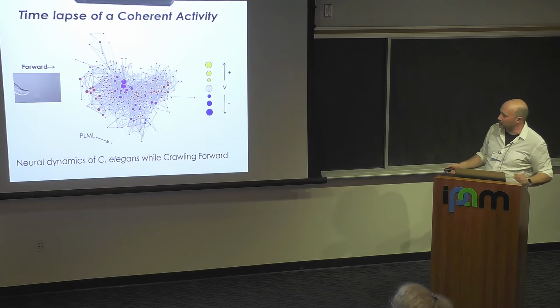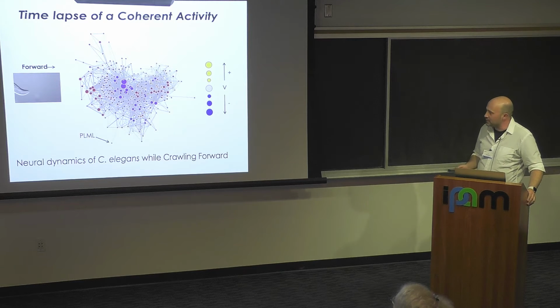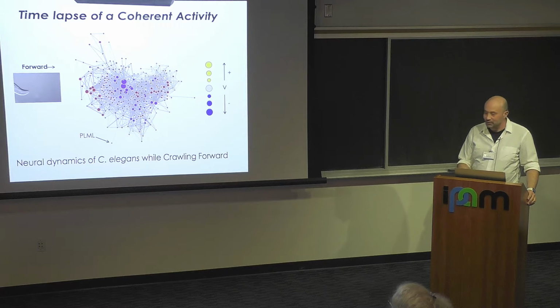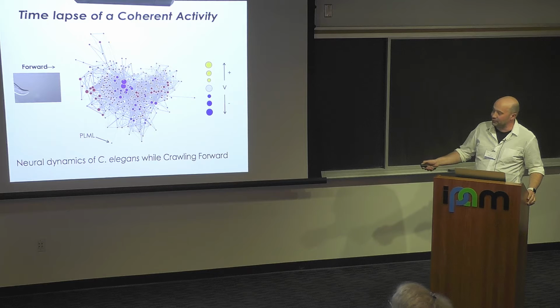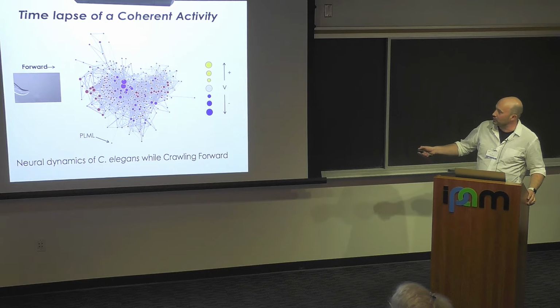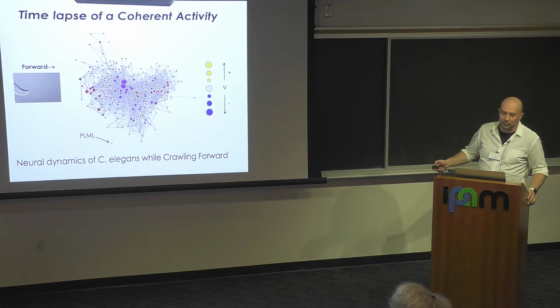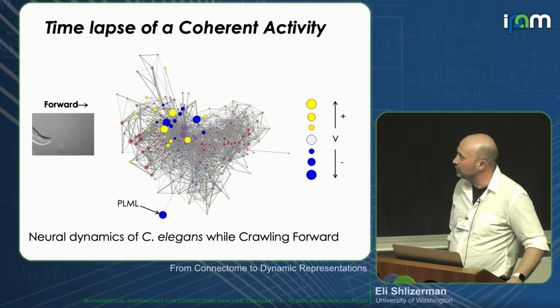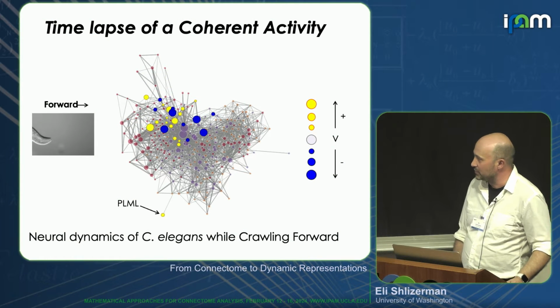The way that we wanted to visualize those dynamics would be on top of the graph, we will make the nodes breathe according to the membrane potential that is being resolved. These colors are just different types of neurons, and these colors that you will see now will correspond to the membrane potential of the simulator. So let's see, injecting a constant current into PLML creates this kind of dynamics.